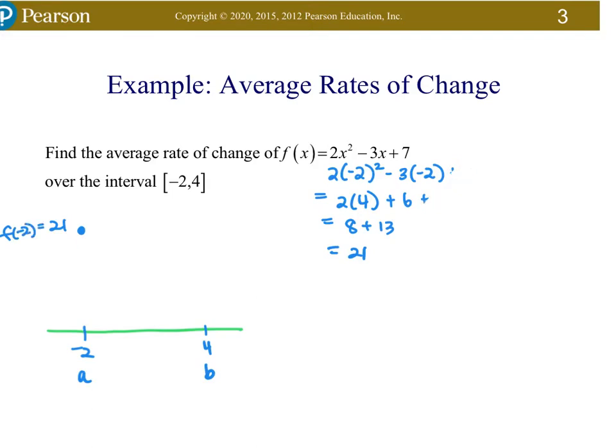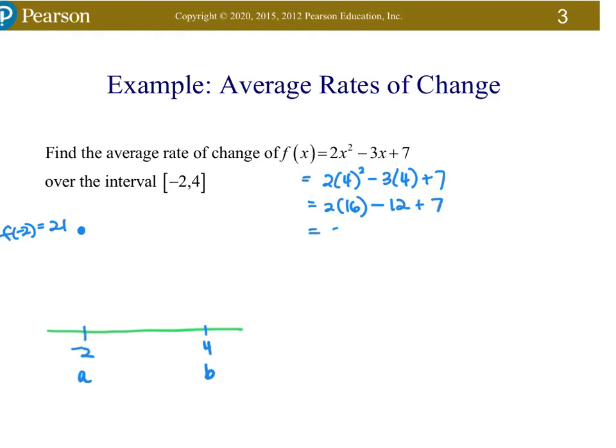Now let's find the value of f of b. We're going to plug 4 into the equation: 2 times 4 squared minus 3 times 4 plus 7. That's 2 times 16 minus 12 plus 7, that's 32 minus 12 plus 7.